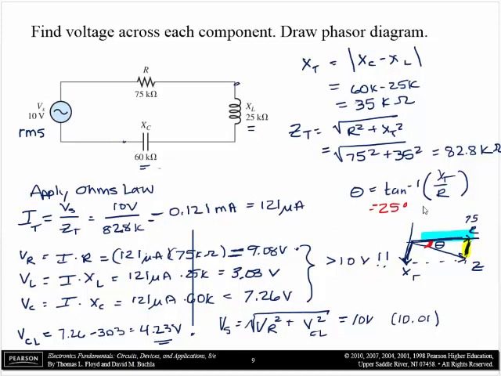And it's important to say it's 25 degrees capacitive, which means that current leads the voltage source by 25 degrees. Because the voltage source is in phase with Z, and current is in line with R right here. So current leads the voltage source by 25 degrees.